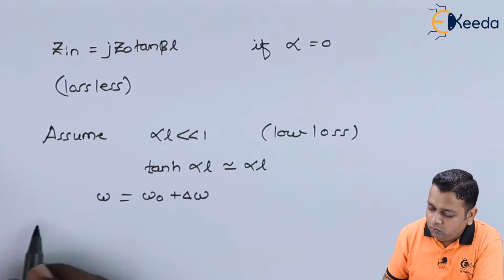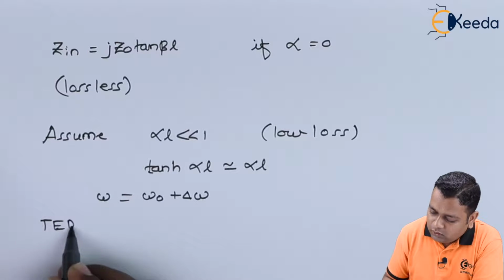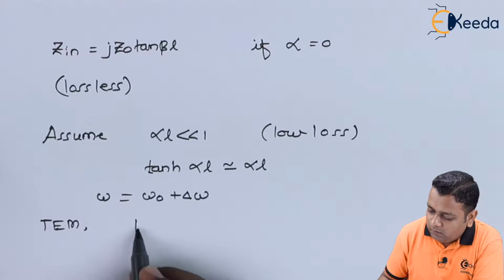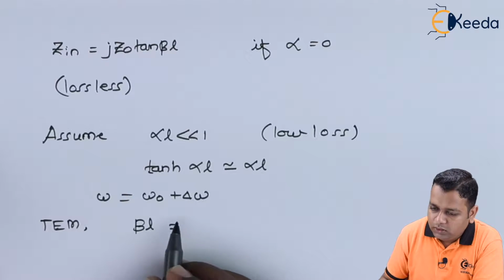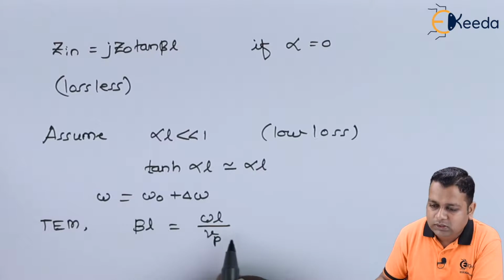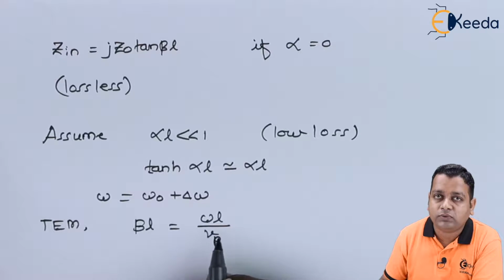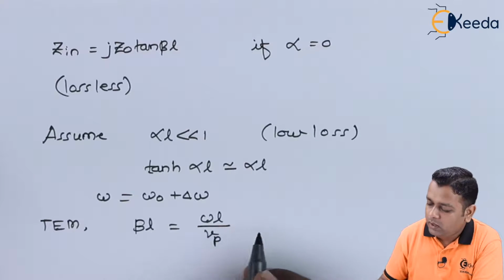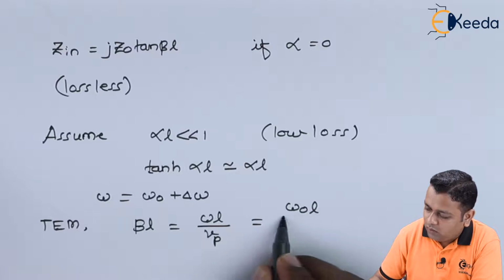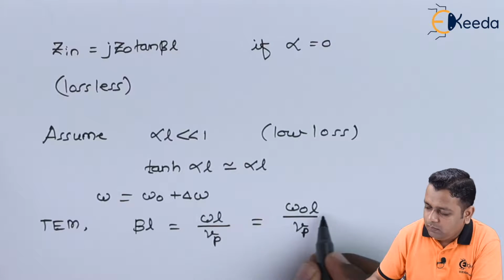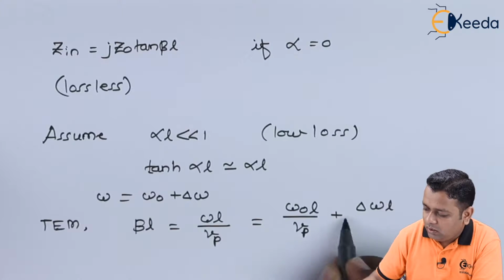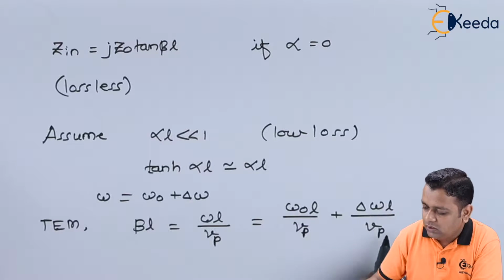Therefore, for the transverse electromagnetic mode of propagation, we can express beta L as equal to omega L divided by Vp, which is called the phase velocity of propagation. We can further express it as omega 0 L divided by the phase velocity Vp added to delta omega L divided by Vp.